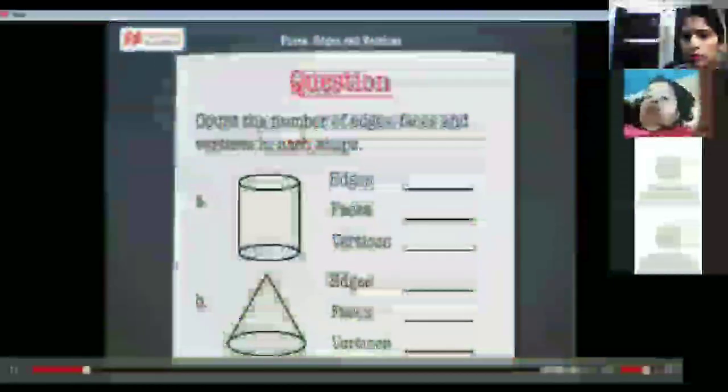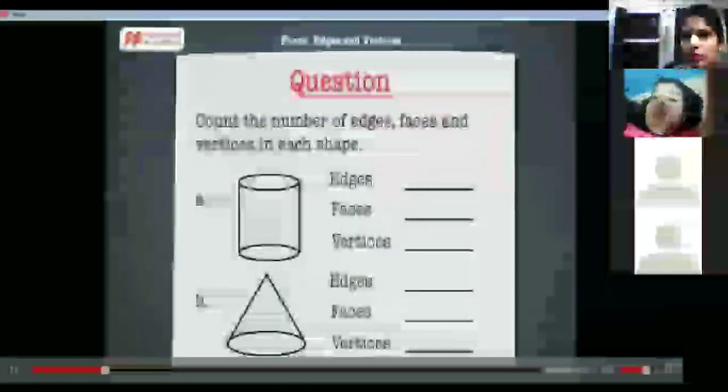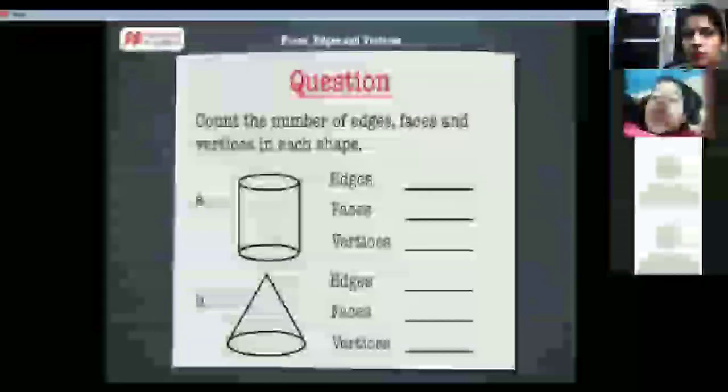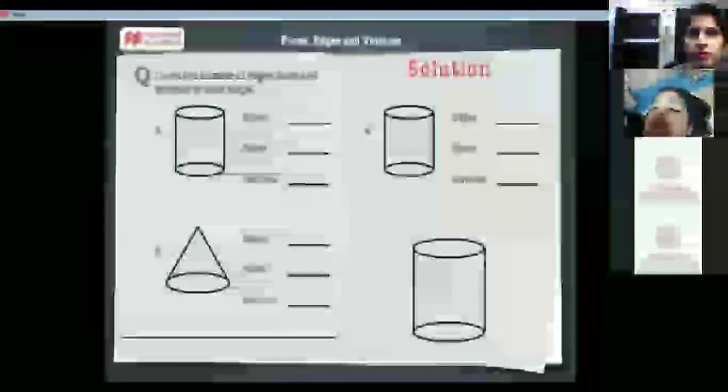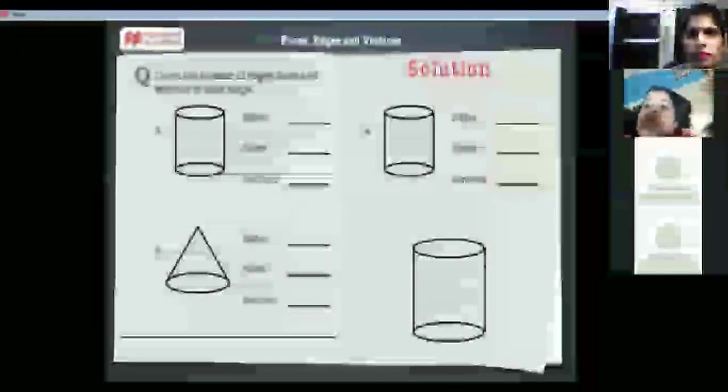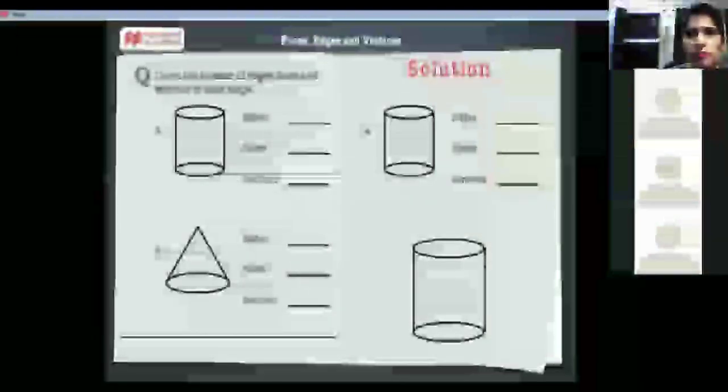Now coming to the next one. Count the number of edges, faces, and vertices in each shape. Let's solve the first problem. This is a cylinder shape with 2 flat circular ends and 1 curved side.